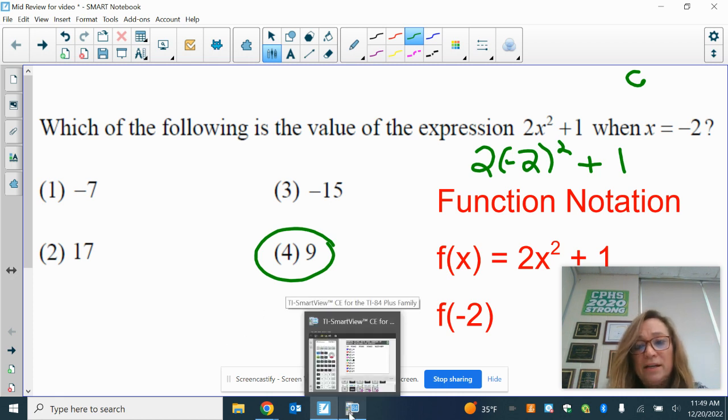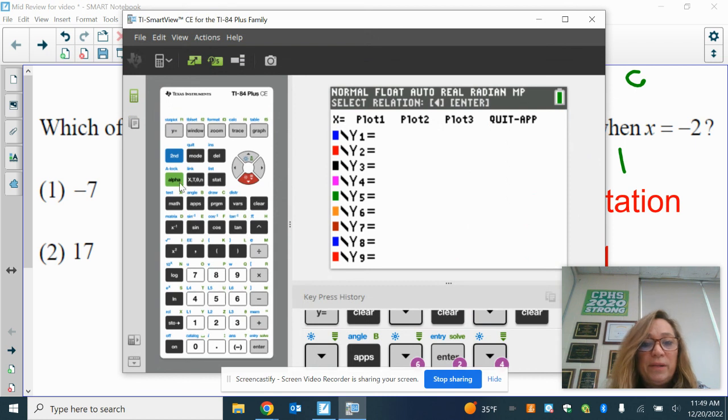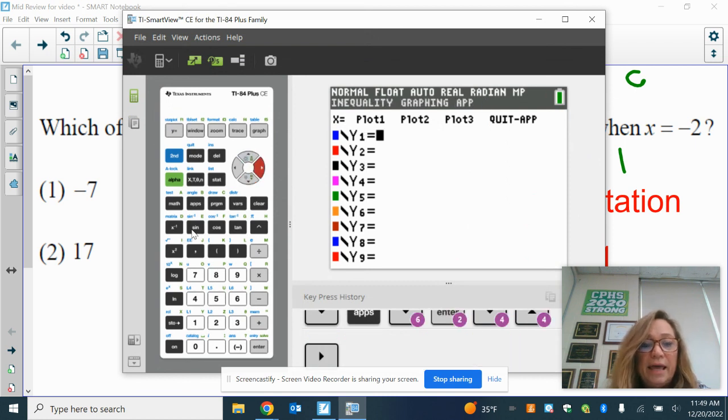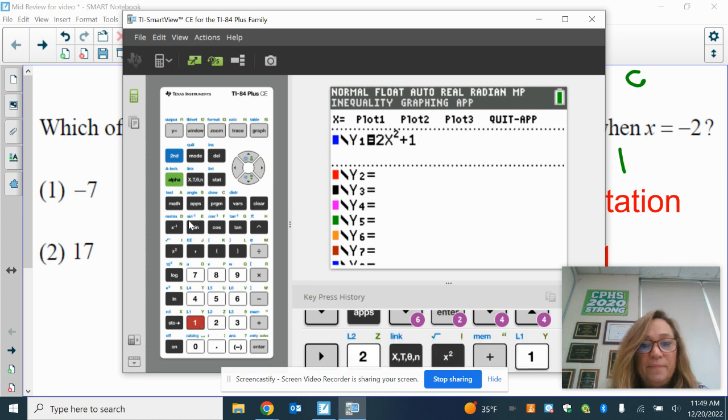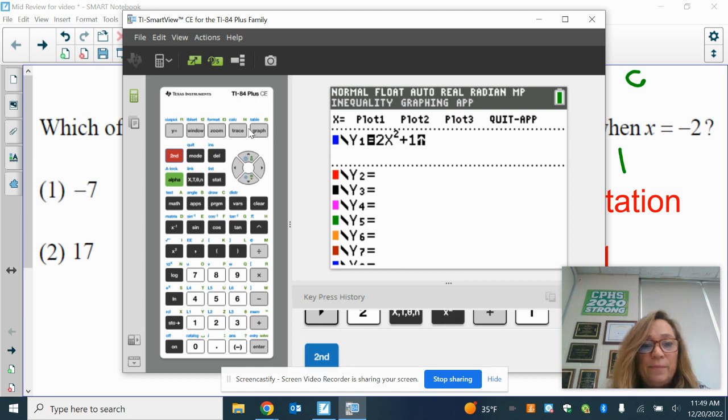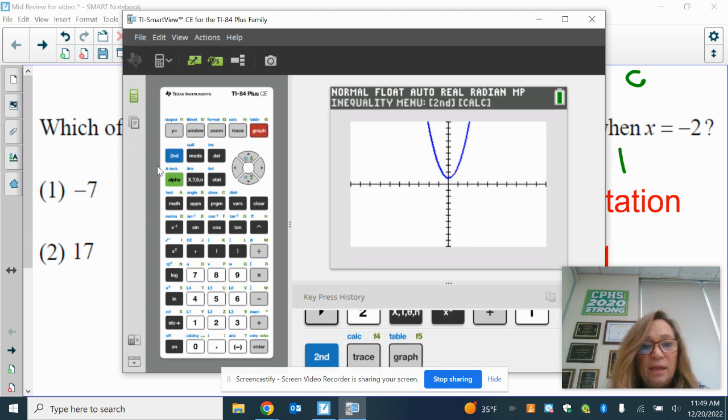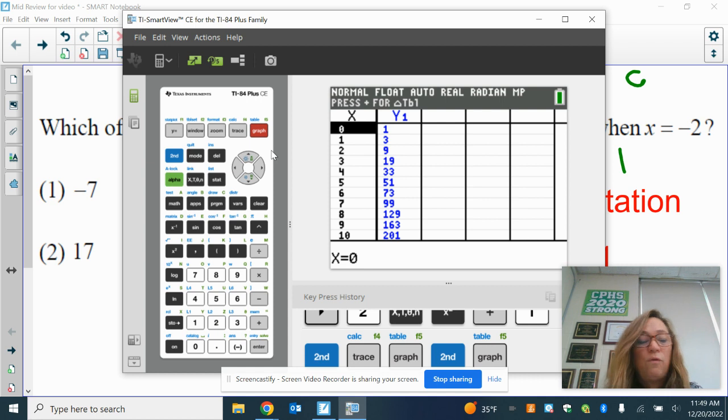But I'm also going to show you this on your calculator. So on the calculator, it's 2x squared plus 1, so you can just go to your y equals and type in 2x squared plus 1, and then go to the table and look for the answer when x is negative 2.